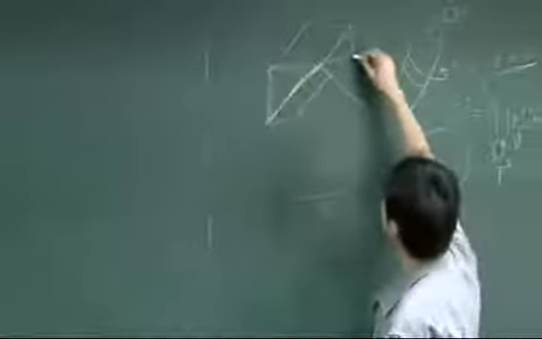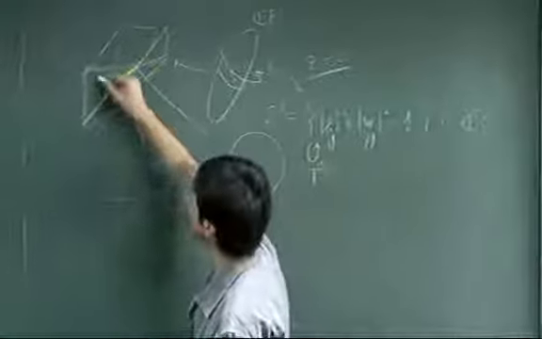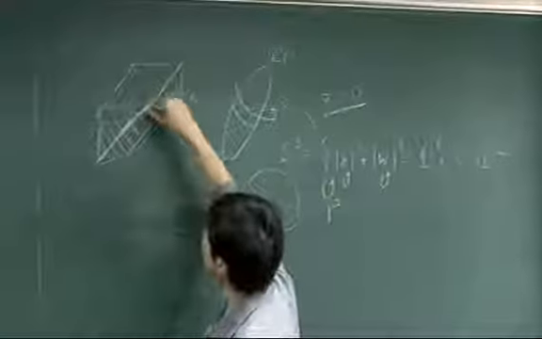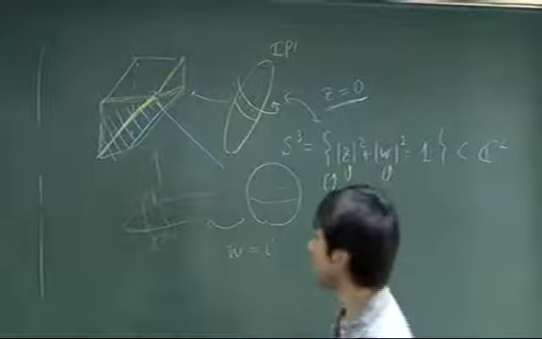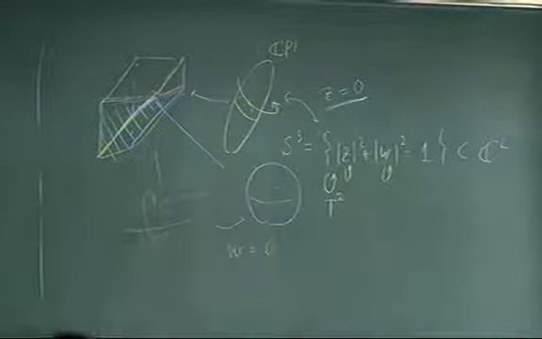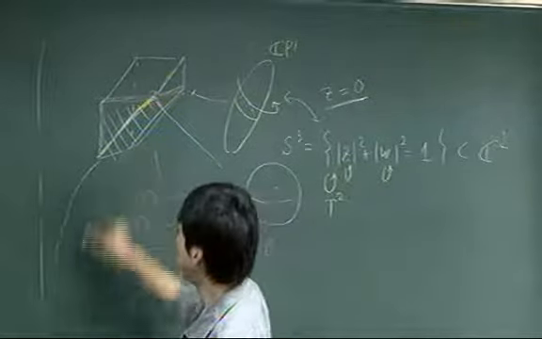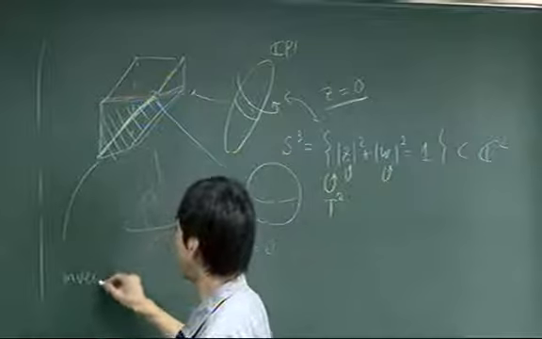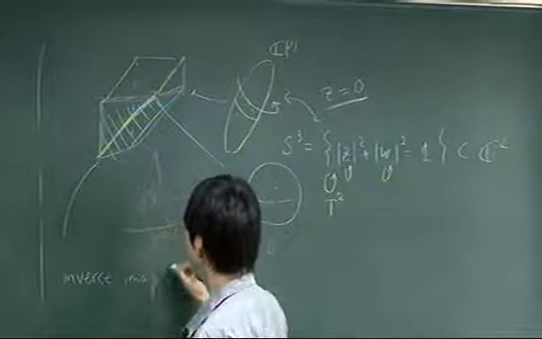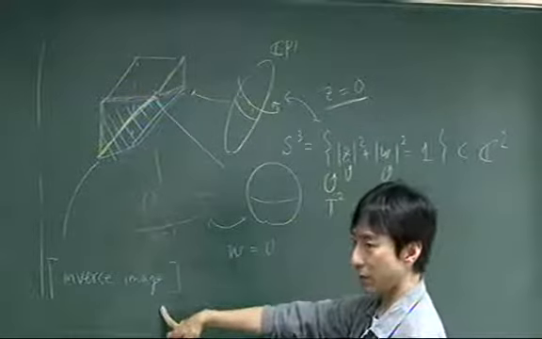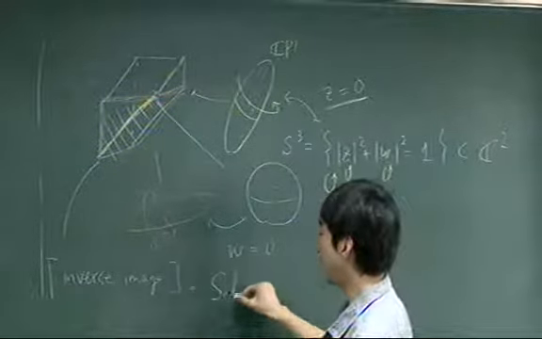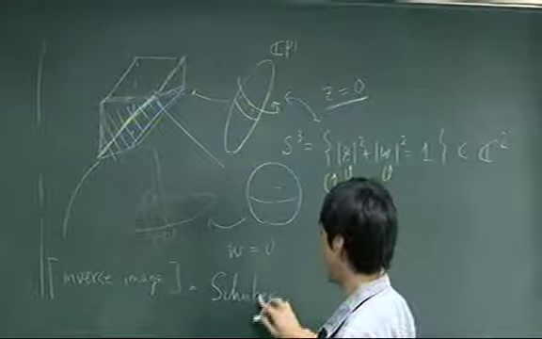So if we take the union of these two faces, then it is a cycle. And in fact, if we take its homology class, then this is a Schubert class.